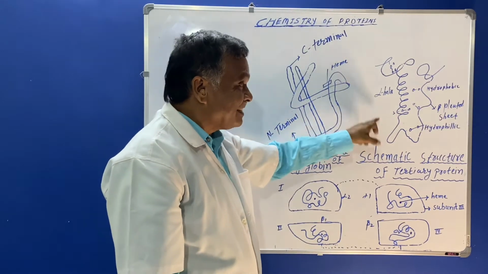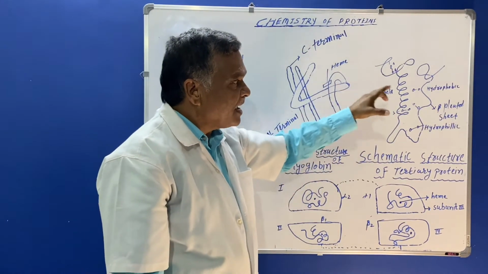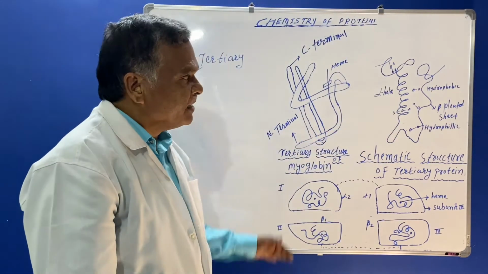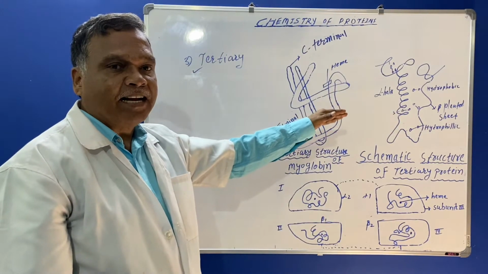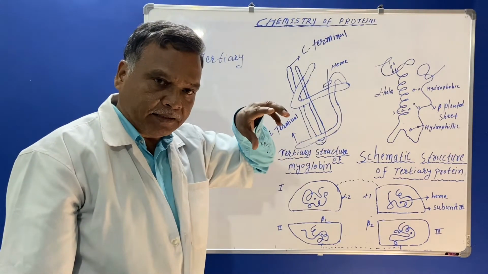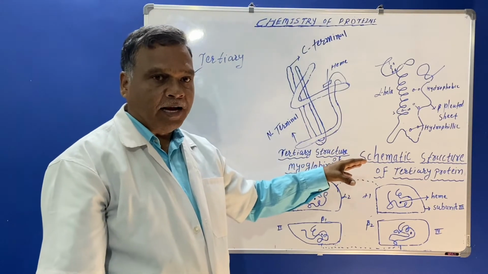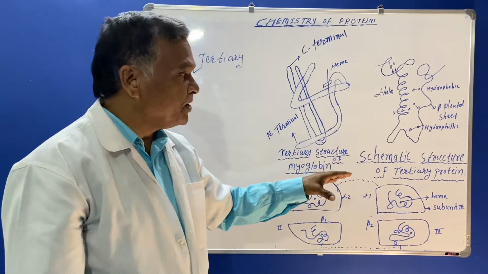So this tertiary structure is the combination of alpha helix and beta pleated sheet. This secondary structure is folded into tertiary structure and it forms the three-dimensional structure.